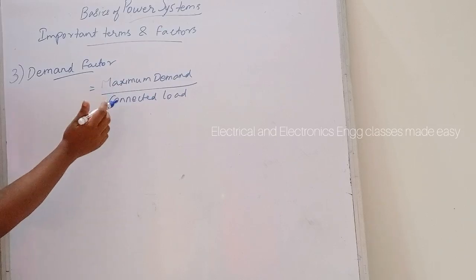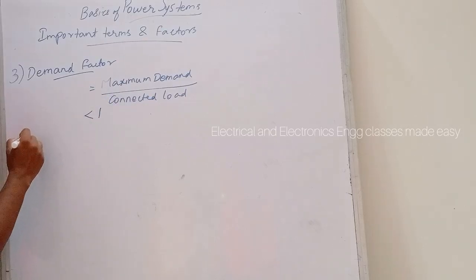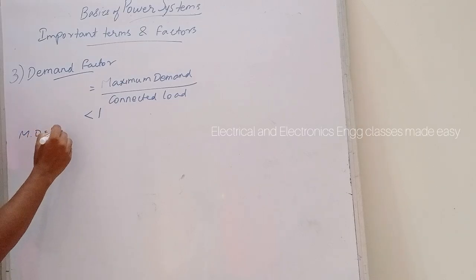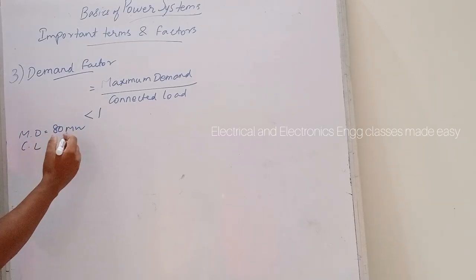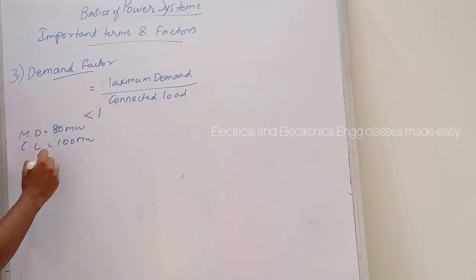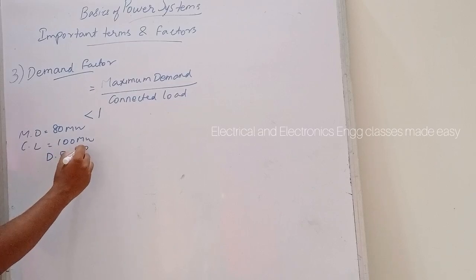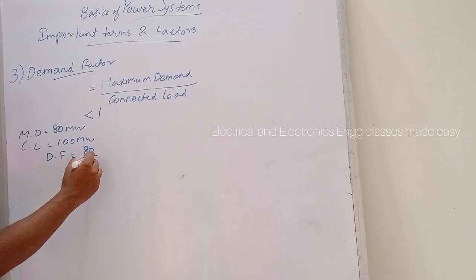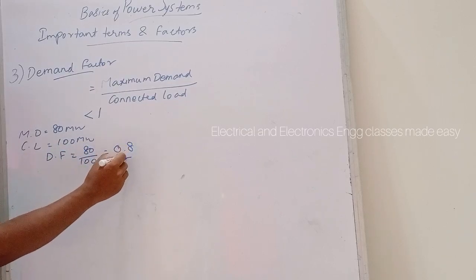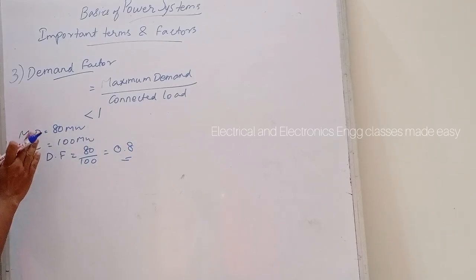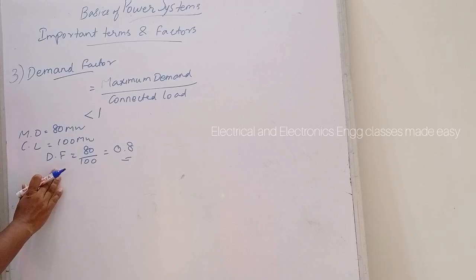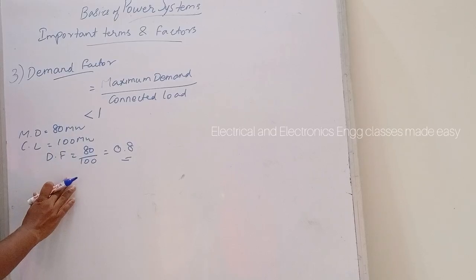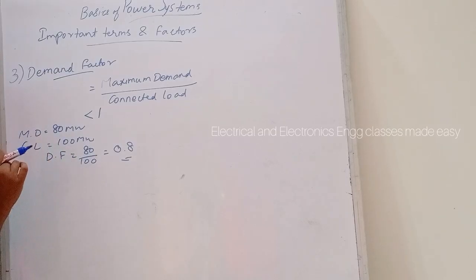For example, if the maximum demand is 80 megawatt and the connected load is say 100 megawatt, then the demand factor will be equal to 80 divided by 100, that is 0.8. And the knowledge of demand factor is vital in determining the capacity of plant equipment.